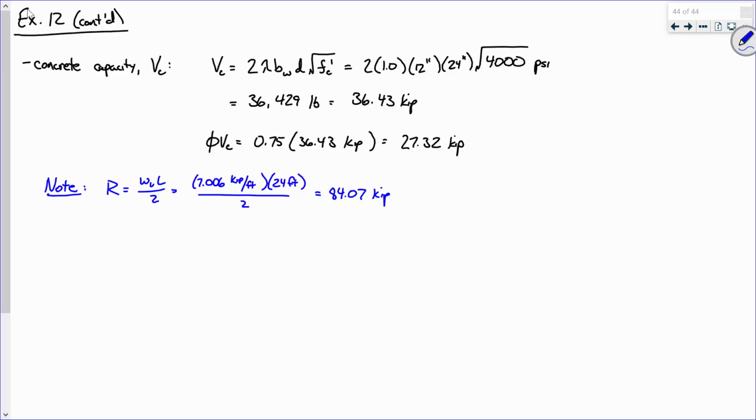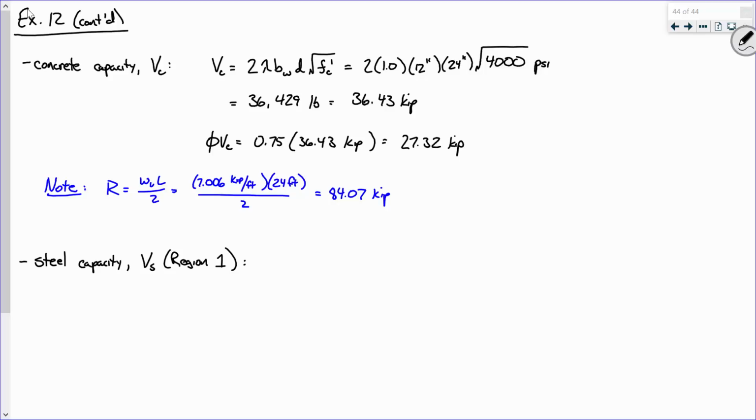So let's look at the steel capacity. And we'll do region 1. Because the only thing that delineates the difference between what's region 1, what's region 2, what's region 3 is the spacing. Okay?